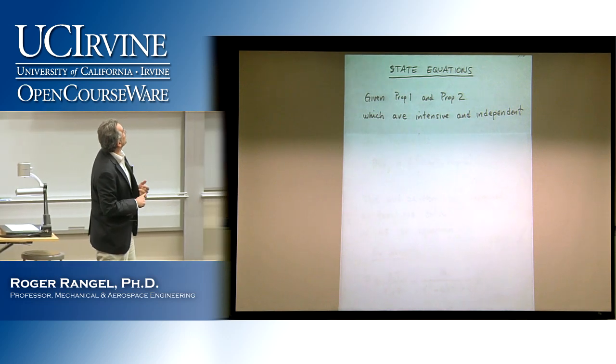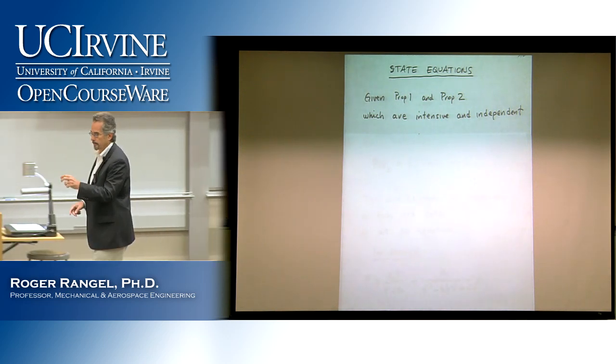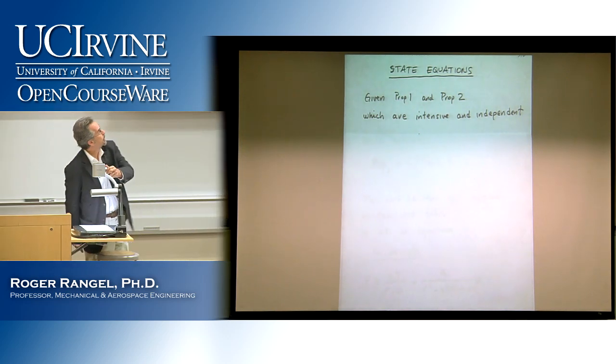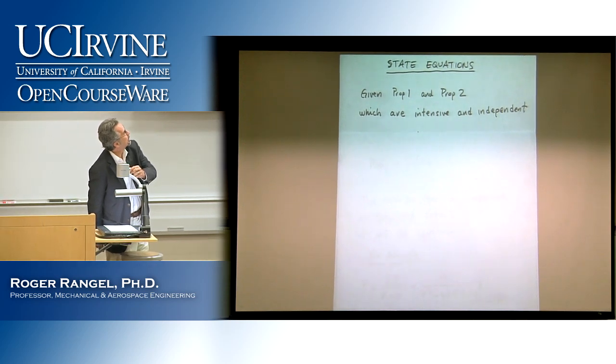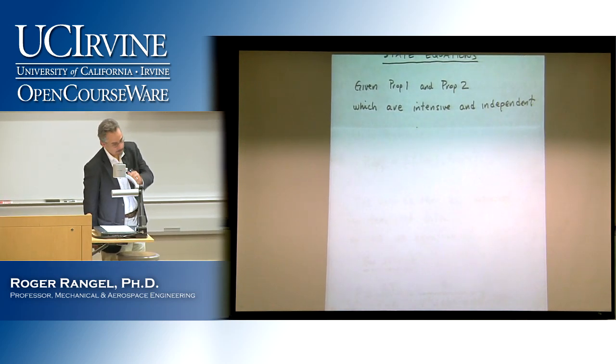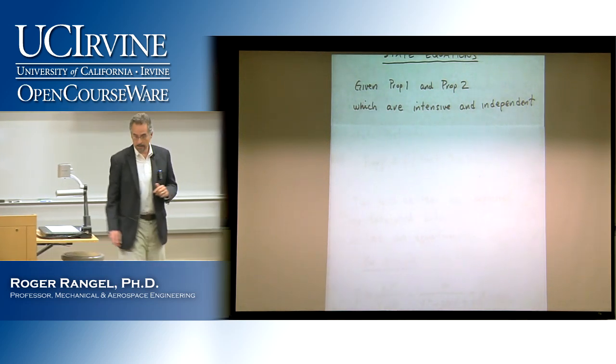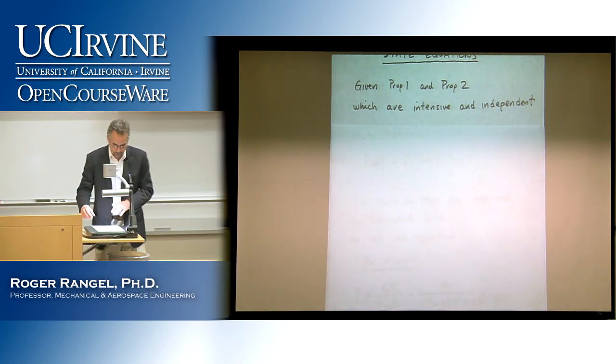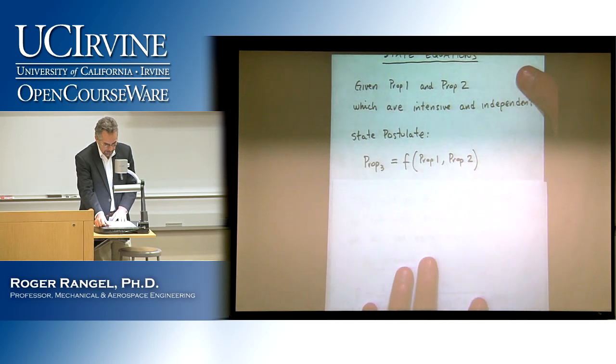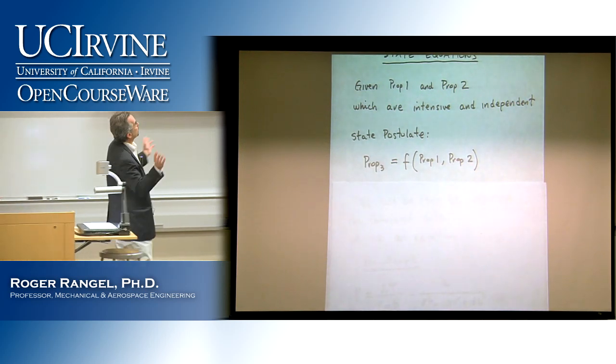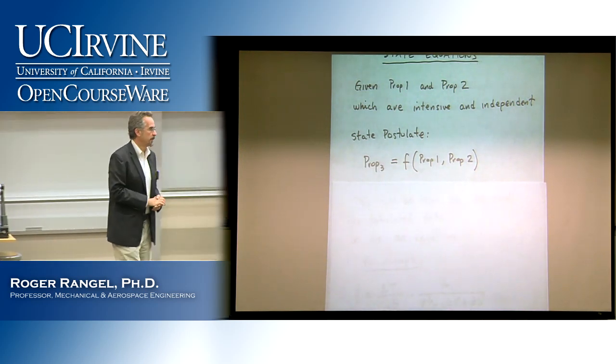We know that if we are given 2 properties, property 1 and property 2, and I just leave it like that, very generic, any two properties, 1 and 2, as long as they are intensive and independent, the state postulate tells us that that allows us to find any other property that we want.